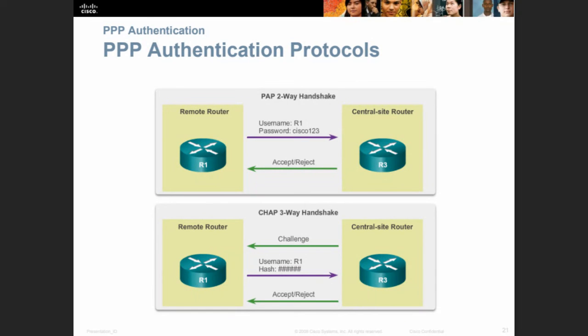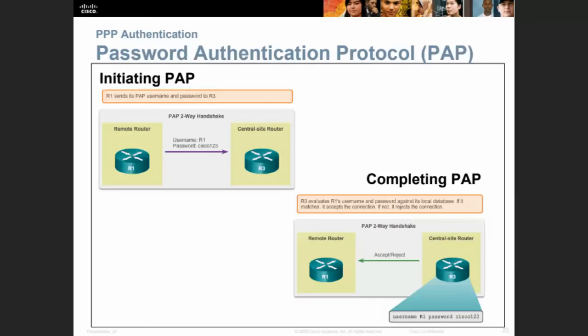It's a three-way handshake. A challenge is done by the central router, and it's using hash. The password is hashed. We are going to do this in the lab, inshallah.